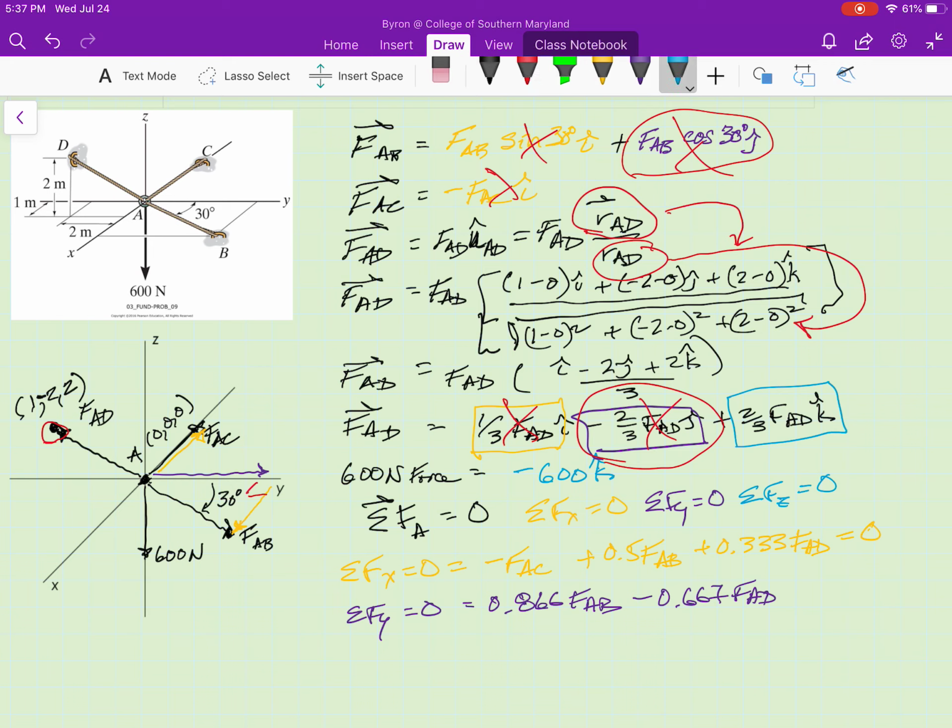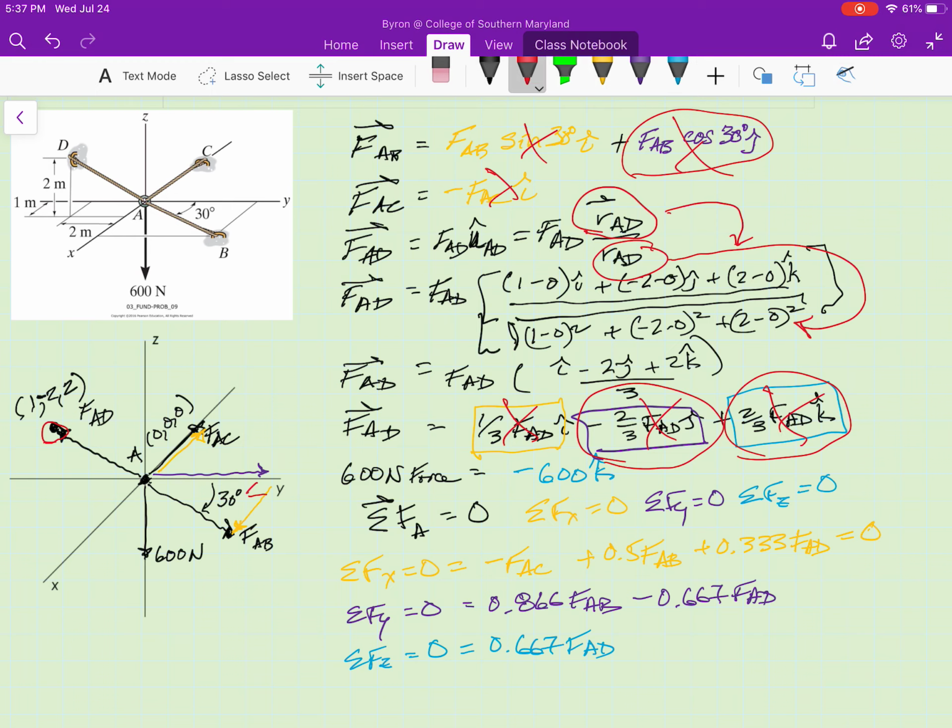And in the j direction, I apologize, the z or k direction, I'm going to sum those components and set them equal to 0. And I only have 2, which are the k component of FAD, which I'm going to write as 0.667 FAD.